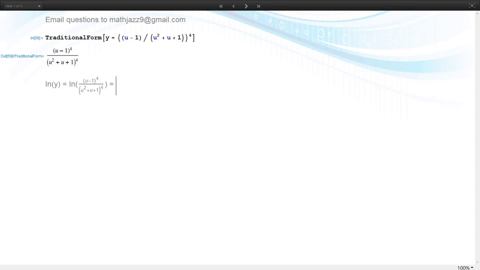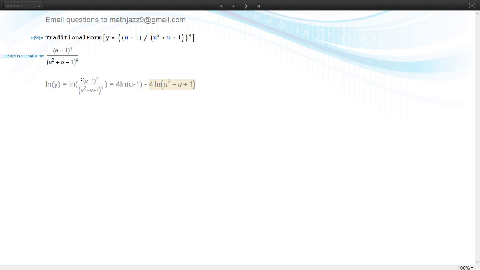The natural log allows us to split apart powers and products. So I'm going to rewrite this as 4 times the natural log of u minus 1 minus 4 times the natural log of u squared plus u plus 1.